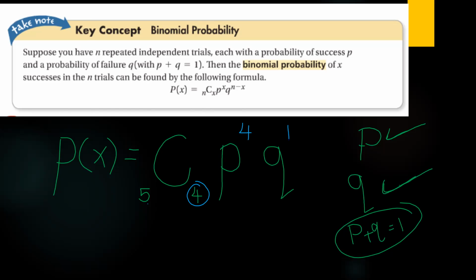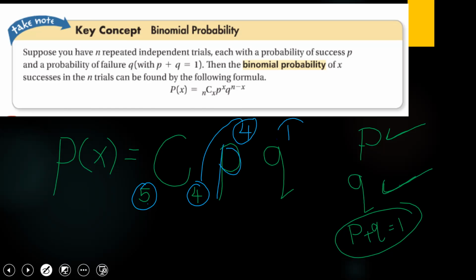Here, the probability of x is the combination of 4 from 5, and the probability of pass, which is p, you write to the power 4, and then you subtract 5 minus 4, you get 1, so it will be q to the power 1. So to find the binomial probability, you need to know what is p, what is q, and how many trials you have to take from the fixed trial.